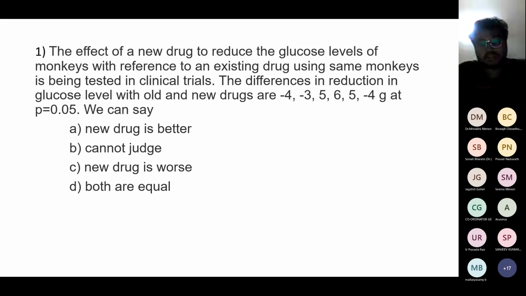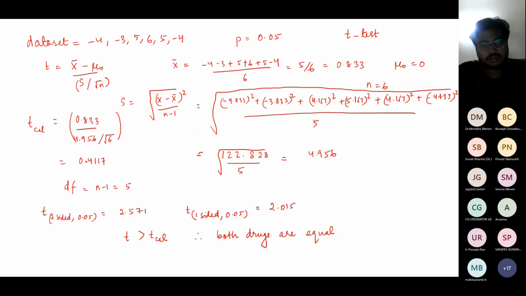So in this case, we'll do a t-test to find out if the drug is better. The data set we are given is -4, -3, 5, 6, 5, -4. The p-value is 0.05. The formula for the t-test is x bar minus mu naught divided by s over root n.